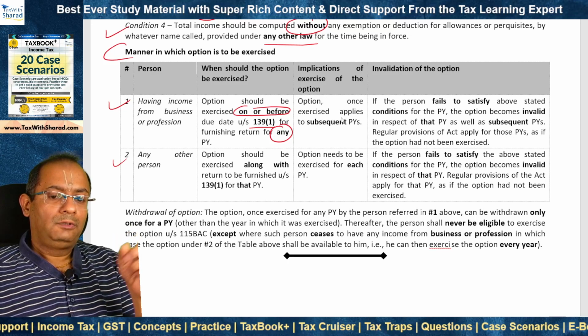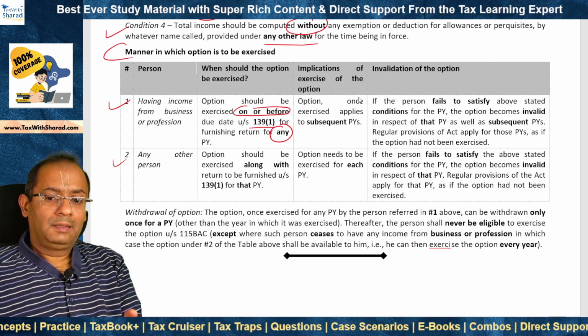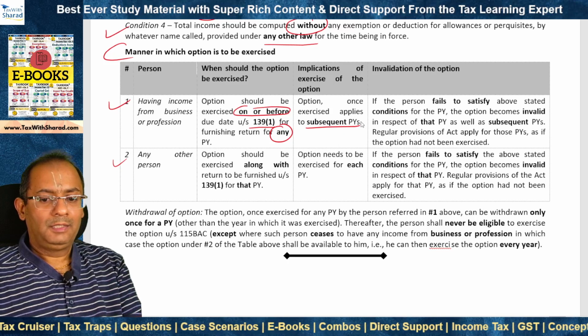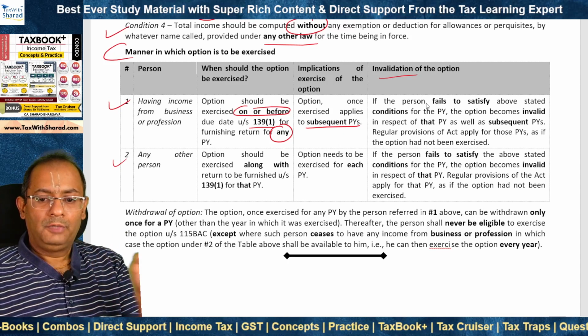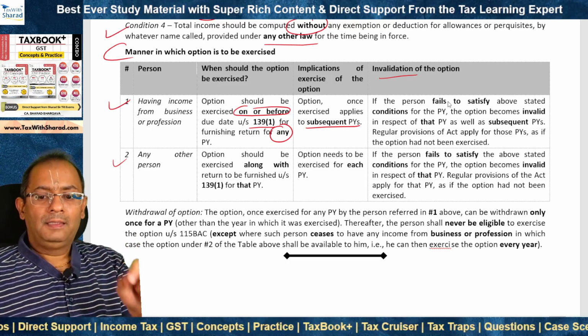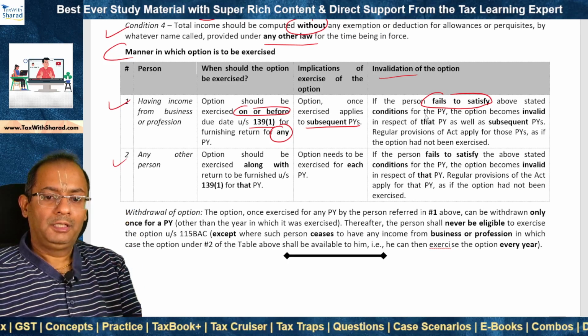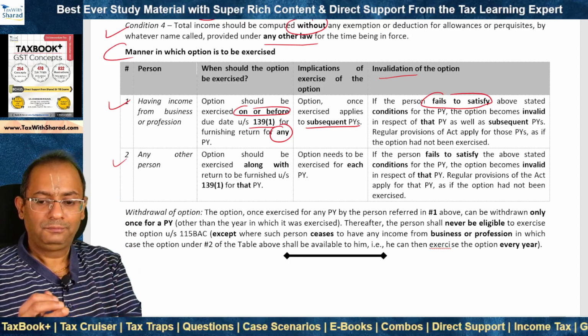So this option needs to be exercised once, not every year. Once this option is exercised, it applies to subsequent previous years as well. Now the option gets invalidated in a certain situation. What is that? It is a situation where the person fails to satisfy the above stated conditions for applicability of 115BSE, these four conditions that we noted above.